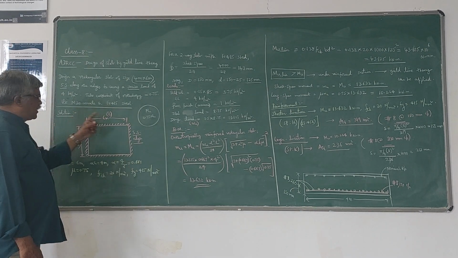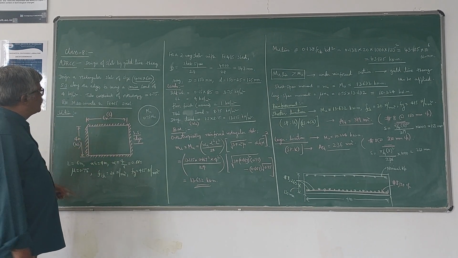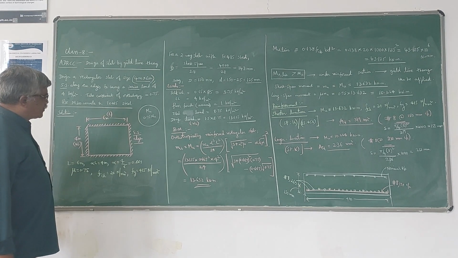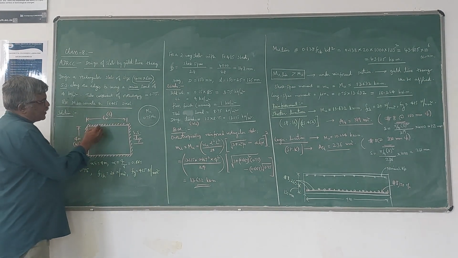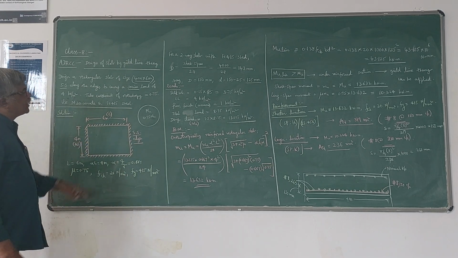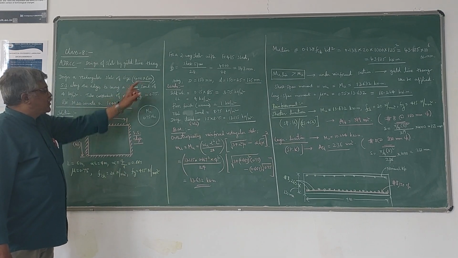Now this is the plan of this slab. The materials are M20 concrete and Fe415 steel. In the yield line theory, simply supported edges are shown like this. Here he has given 4 meter by 6 meter.